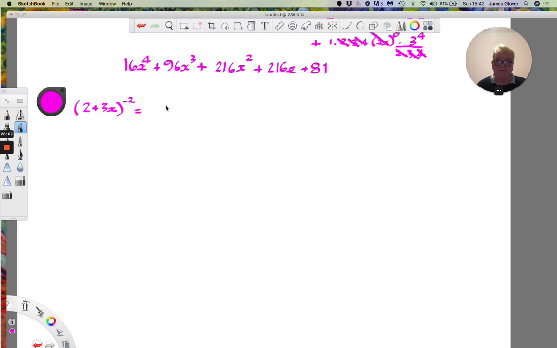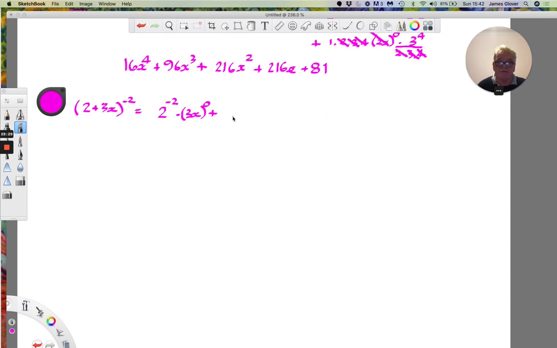So I set down the first term, 2 to the power minus 2, and we're going to multiply that by (3x) to the power of 0. And then we differentiate here. I'm going to put plus and deal with the minus signs later on.